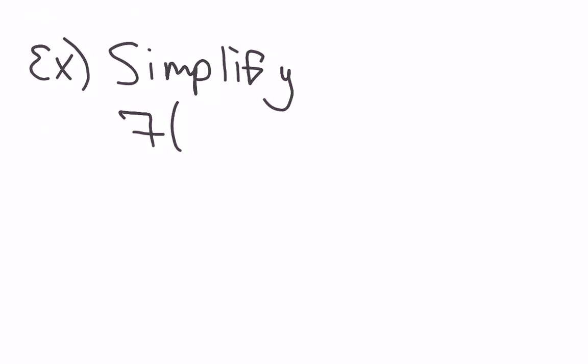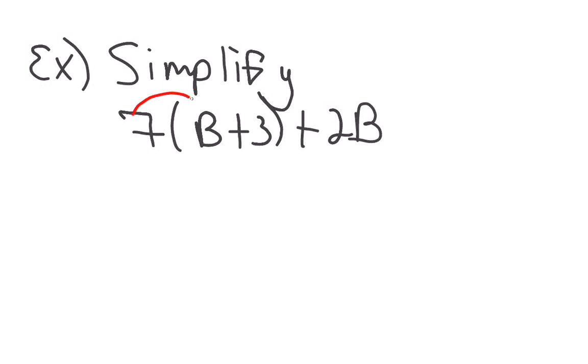Next example, simplify 7 times the quantity b plus 3 plus 2b. So we see distributive property there. We'll multiply the 7.